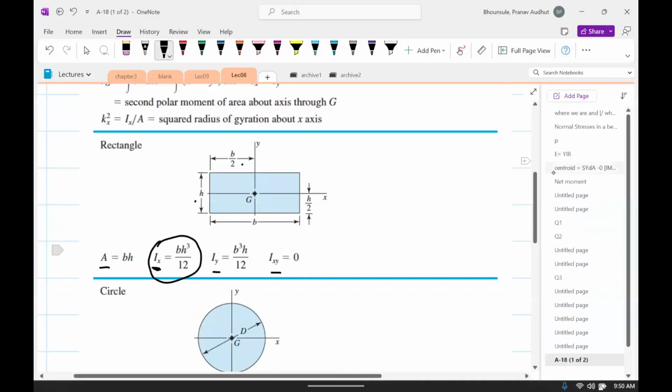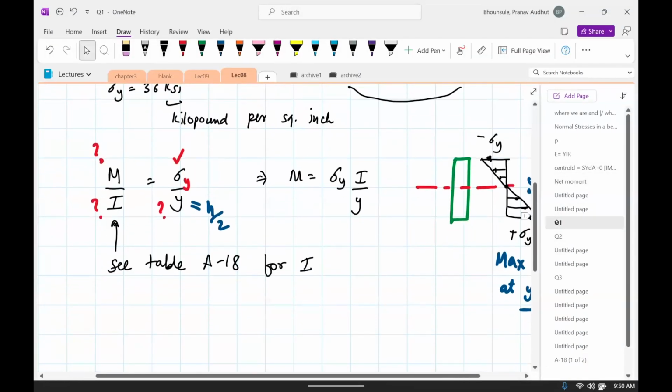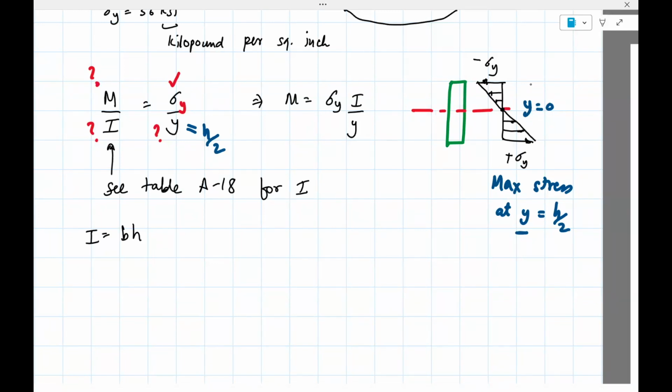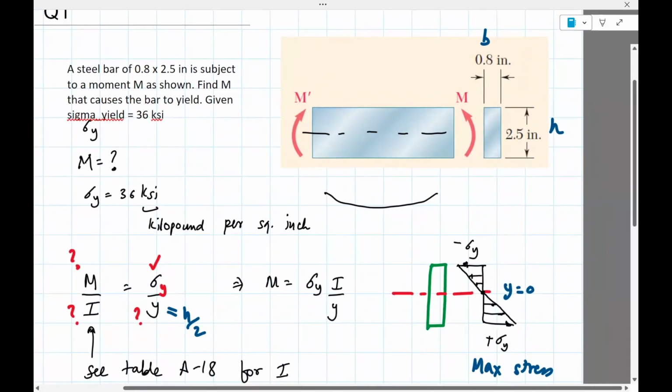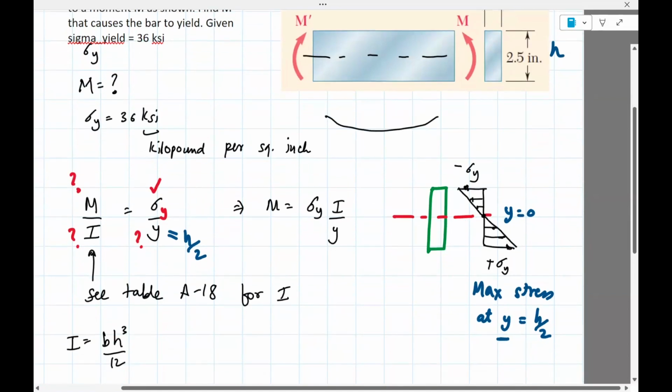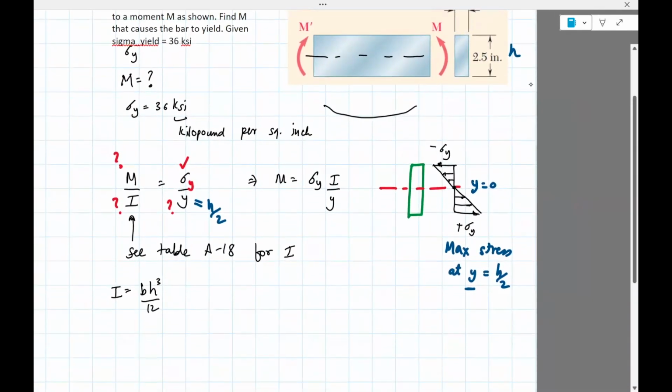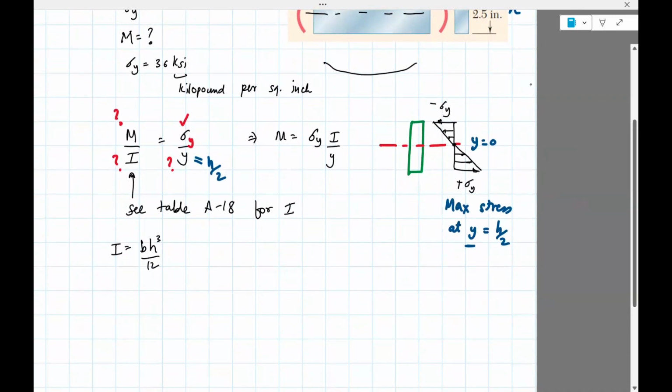So with that, let's go back to the problem. And we can write I equals b h cube divided by 12. I've put the names h and b here. So we're all set to now solve this.